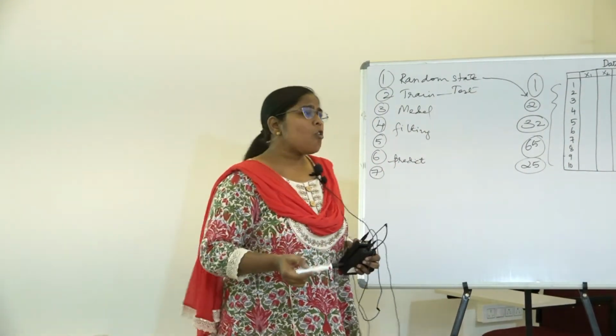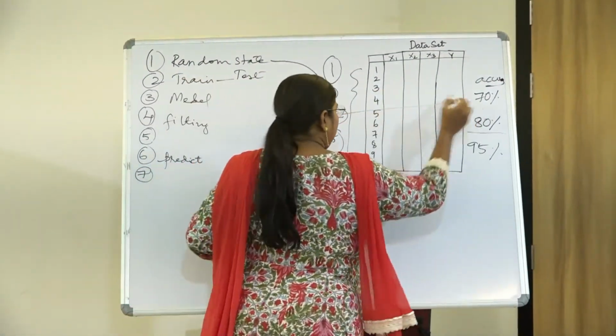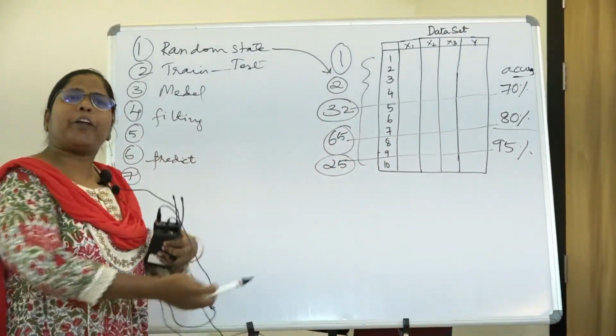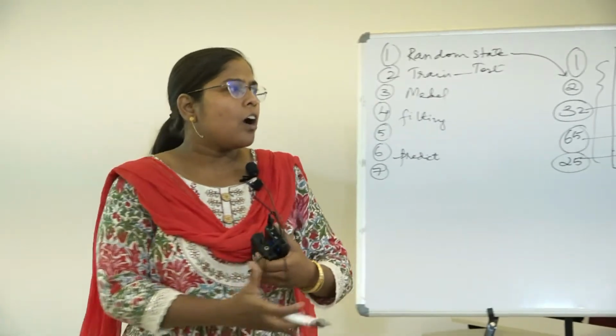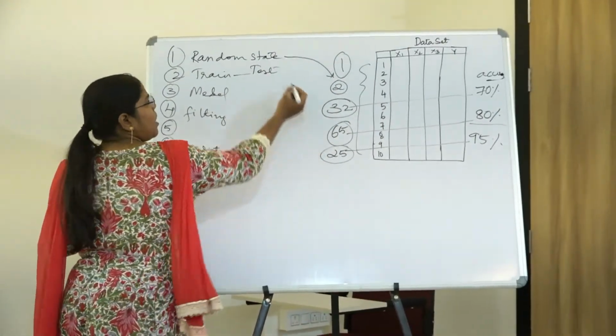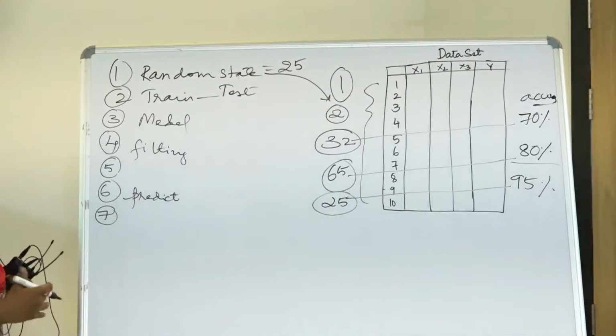Okay. Now, which random state should I prefer? Always I should prefer 25. I need to prefer a random state which is 25.